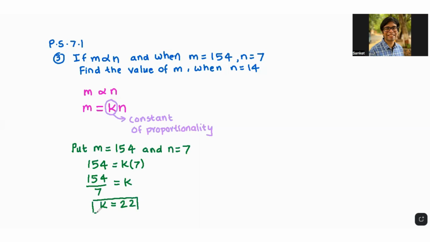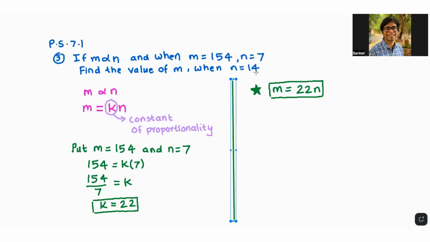I've found my constant of proportionality. Now I'm going to write my equation of variation, which is M is equal to Kn, but I know that K is 22 now. So I'm going to write it as M equal to 22N. Now, if I have any value of M, I can find the value of N. If you give me any value of N, I can find value of M as well. They have given us that the value of N is 14.